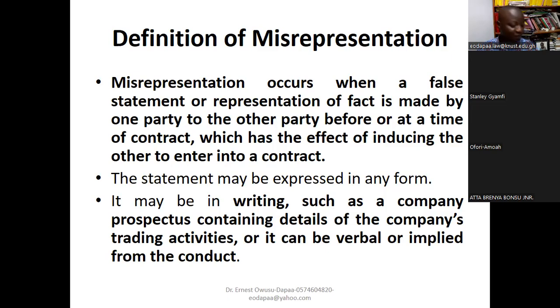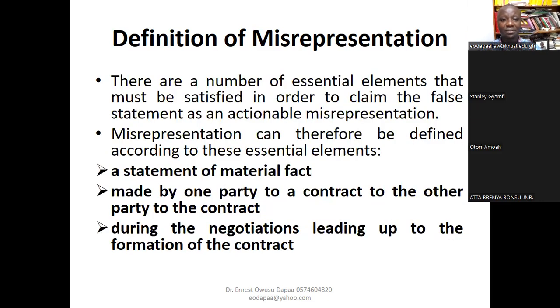A person may not expressly say something, but he or she may put up a conduct, and the conduct may be direct or indirect, if you like, positive, or if you like, omission. Of course, when it comes to omission, it's limited, but we talk about that, especially whether silence can give rise to misrepresentation. So we're talking about that.